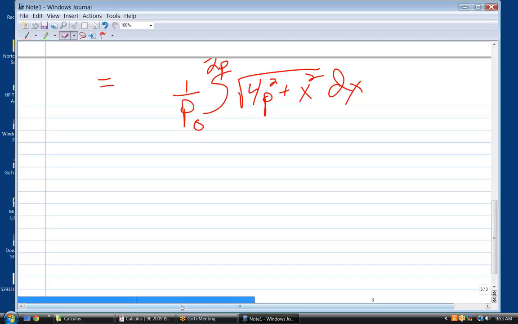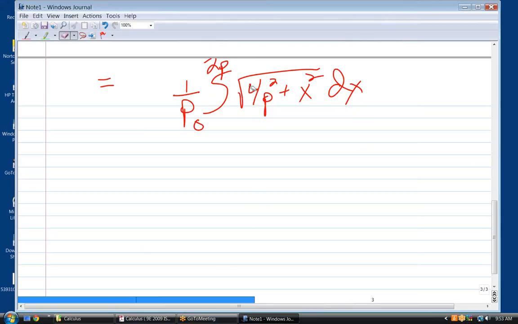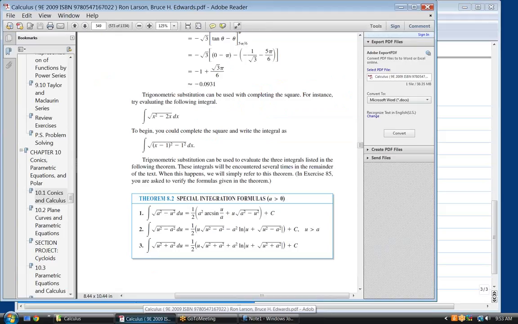Our formula says, since we're looking at a squared plus u squared, we can use the identity. And the identity is this one down here.